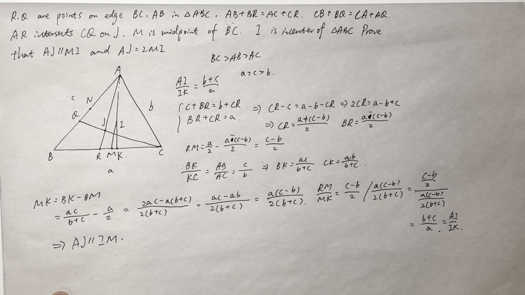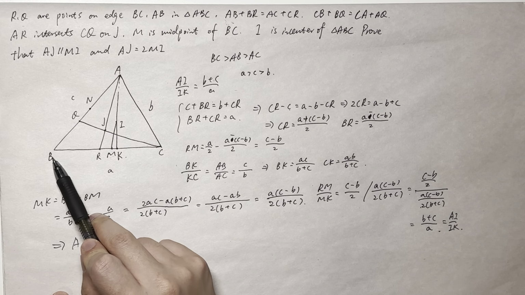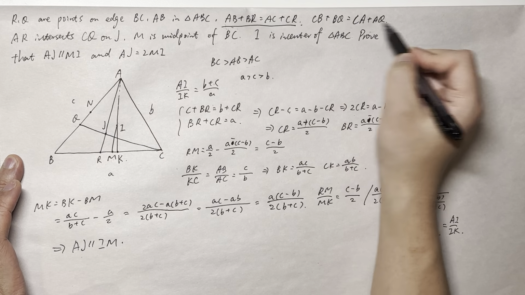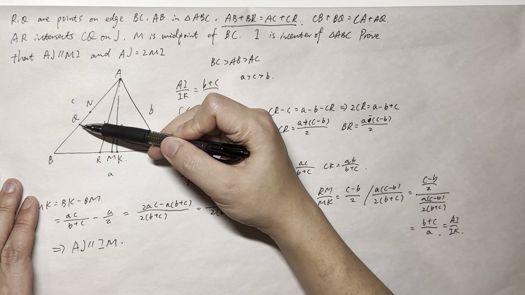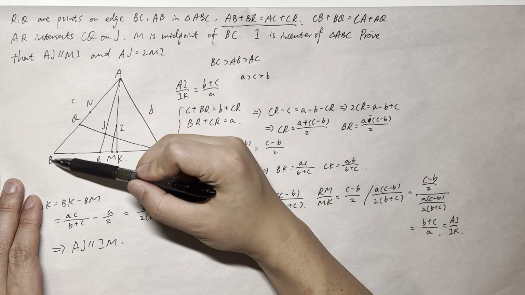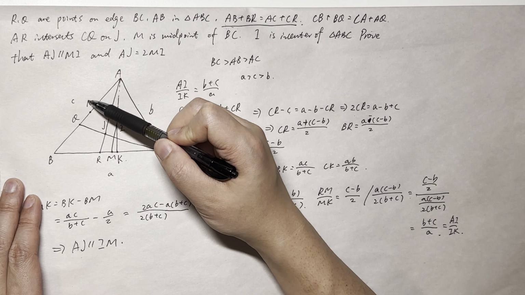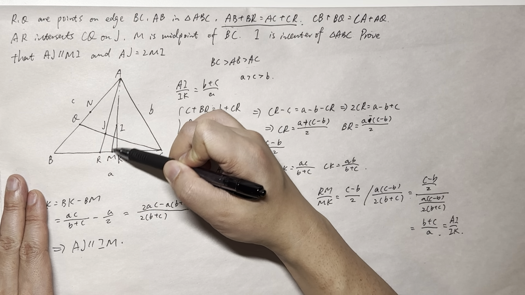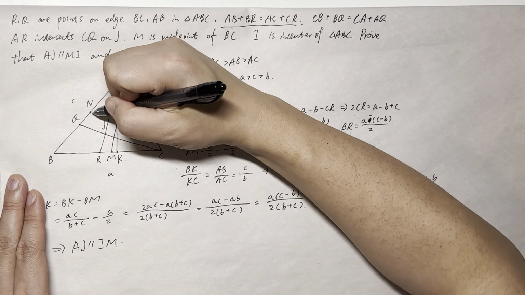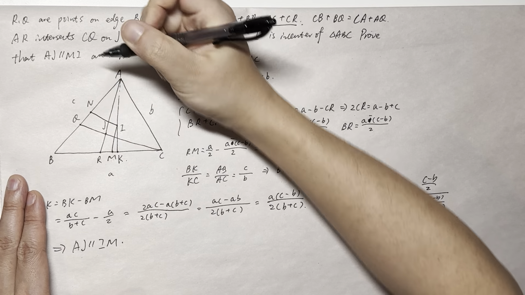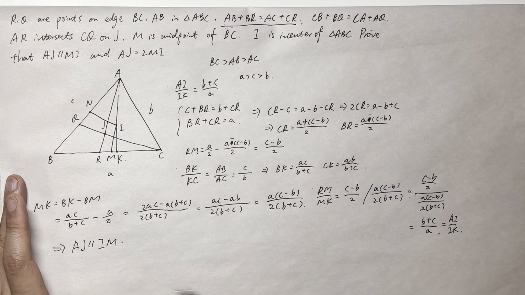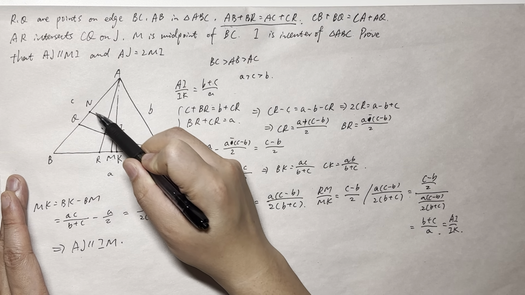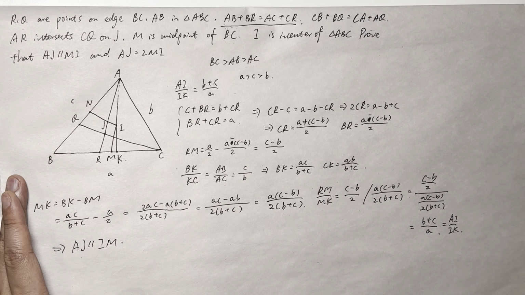And similarly, because we know that BC, we just use this one, right? We just use this problem set. We have this left, right? So what about point Q? We find the midpoint of AB. We call it N, and we just proved that AJ is parallel with IM, right? So for the IN, we can just use the same way to prove that CJ is parallel with IN, right?